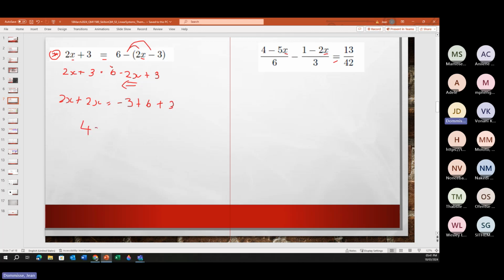So 4x is equal to minus 3 plus 3, so that cancels out. We're sitting with 6. So x is equal to 6 divided by 4, so not a whole number. 6 divided by 4 is 1.5.